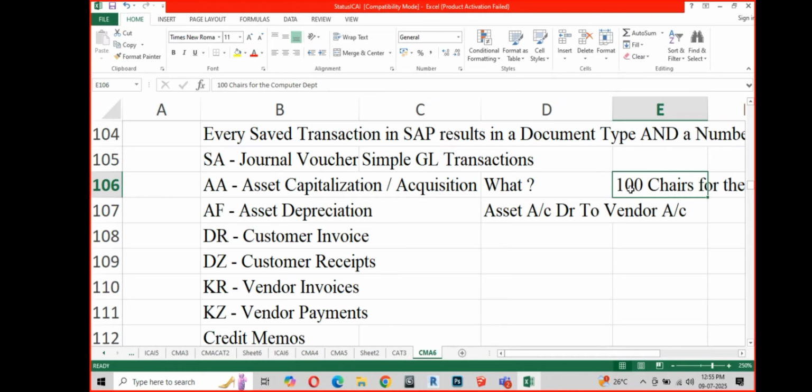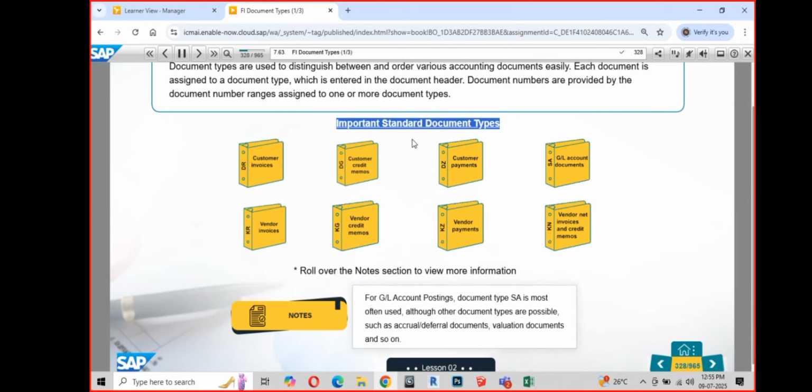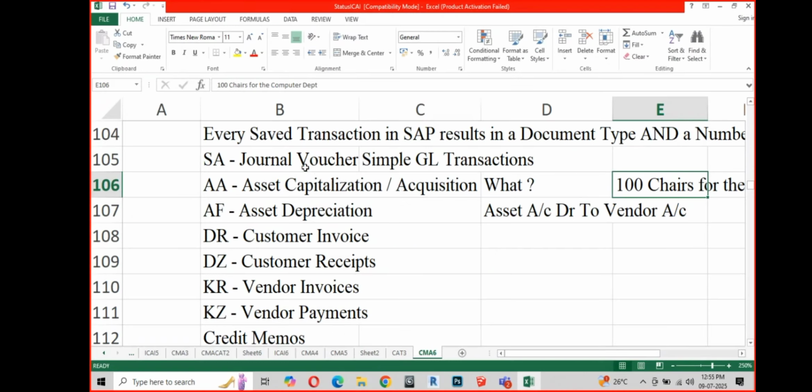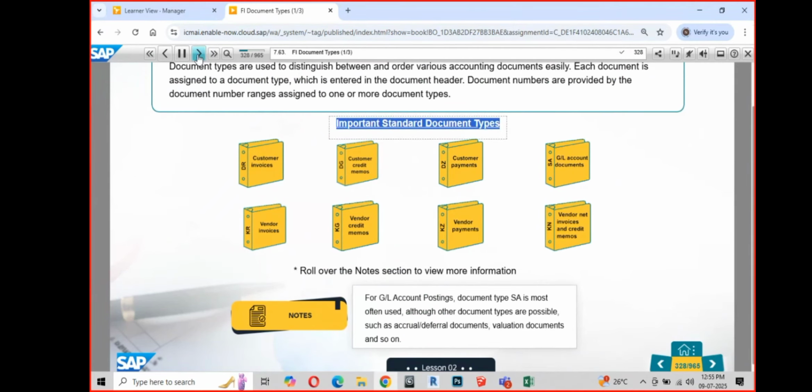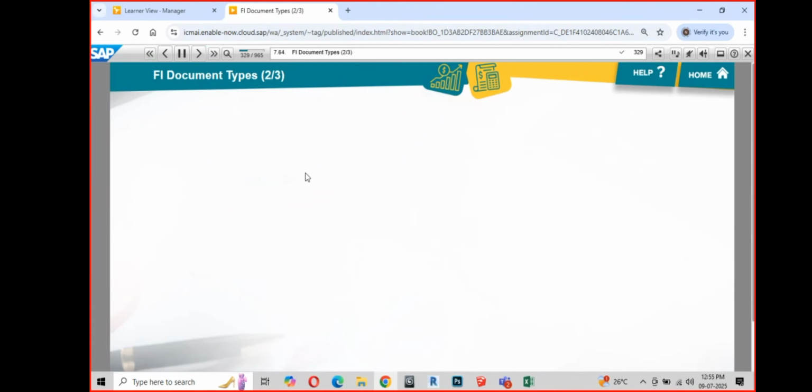Okay, yeah. So you can see it says important standard document types, the same thing which I have noted in my Excel sheet also. Clear? Now, what is a posting key?